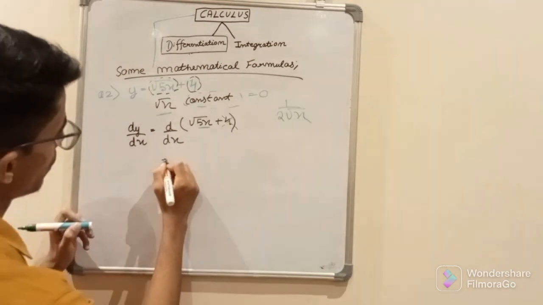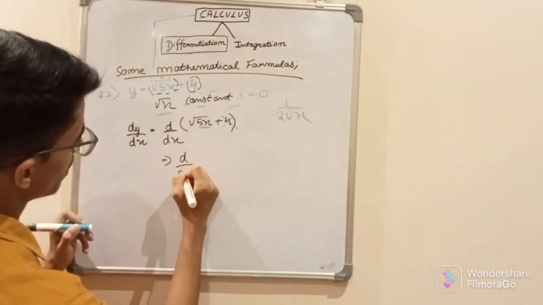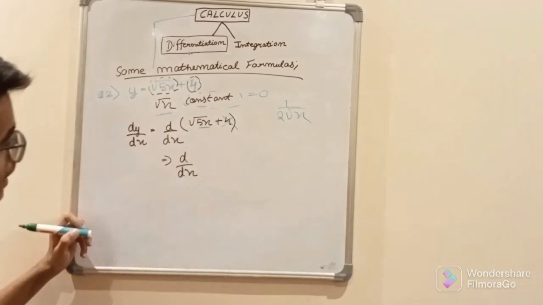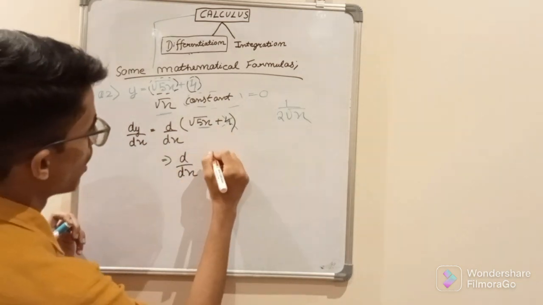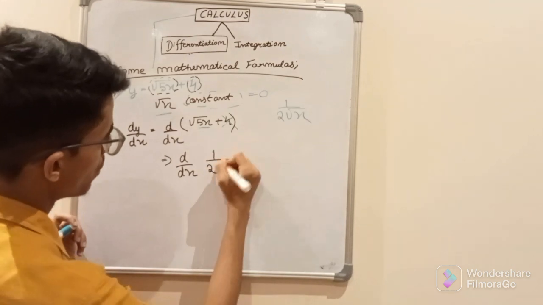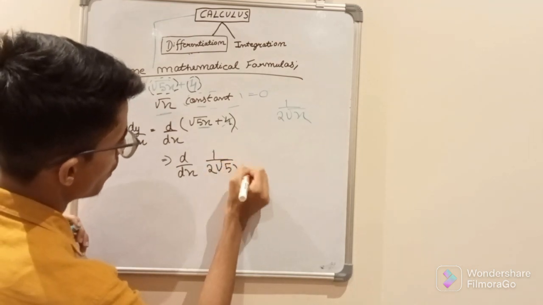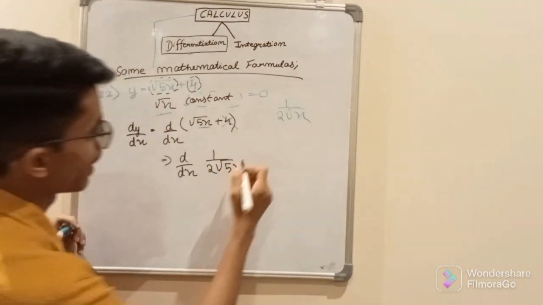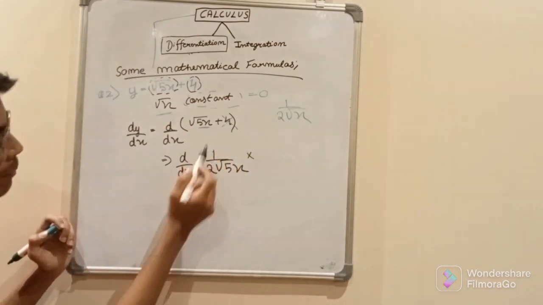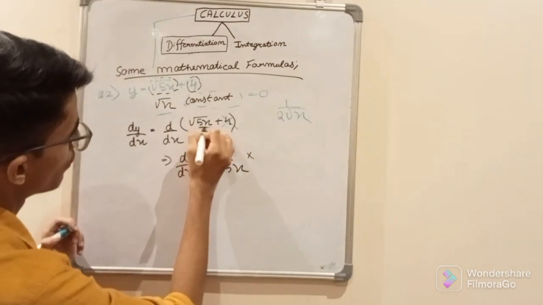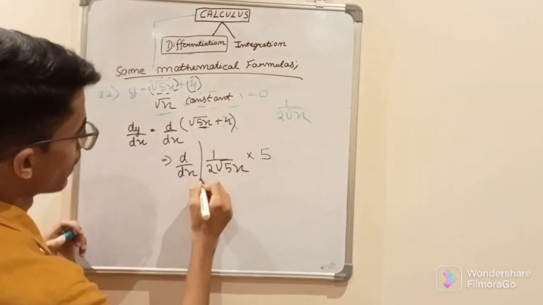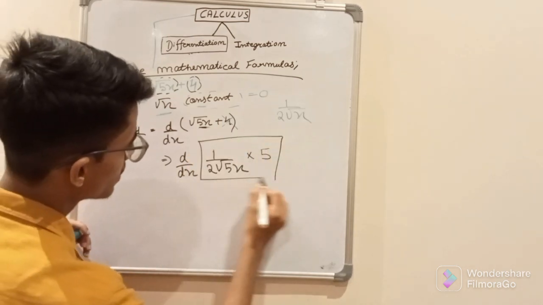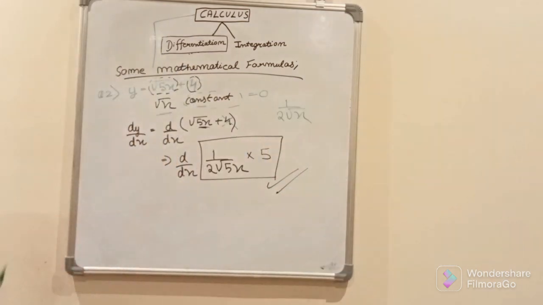So we have to do nothing, just d upon dx, and the differentiation of 5x would be 1 upon 2 root 5x, and in the end we have to multiply the equation by the coefficient of x, that is 5. So this is our final answer.